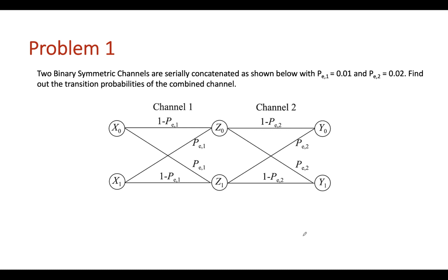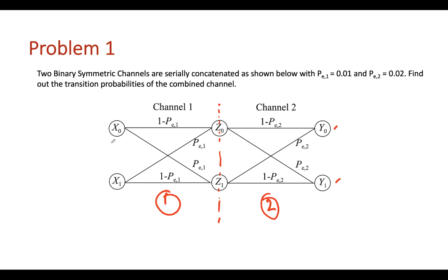Let's proceed. The first problem here is based on binary symmetric channels. We have two binary symmetric channels. This is binary symmetric channel 1, and the output of this channel goes to the input of channel 2, and then finally we have the outputs y0 and y1.